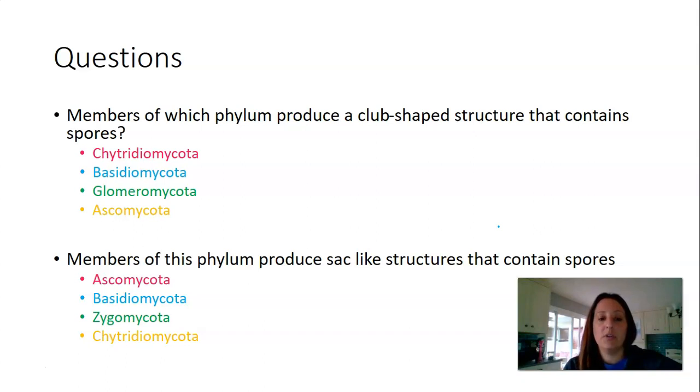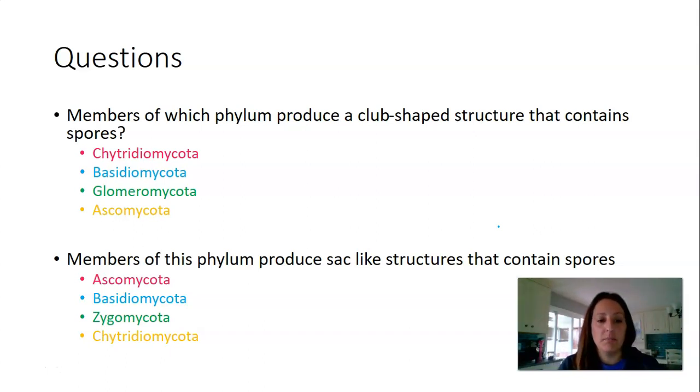Would that be the Chytridiomycota, the Basidiomycota, the Glomeromycota, or the Ascomycota? So the club-shaped structure. That would be the Basidiomycota. Remember that club-shaped structure is called the basidia, and it produces basidiospores.